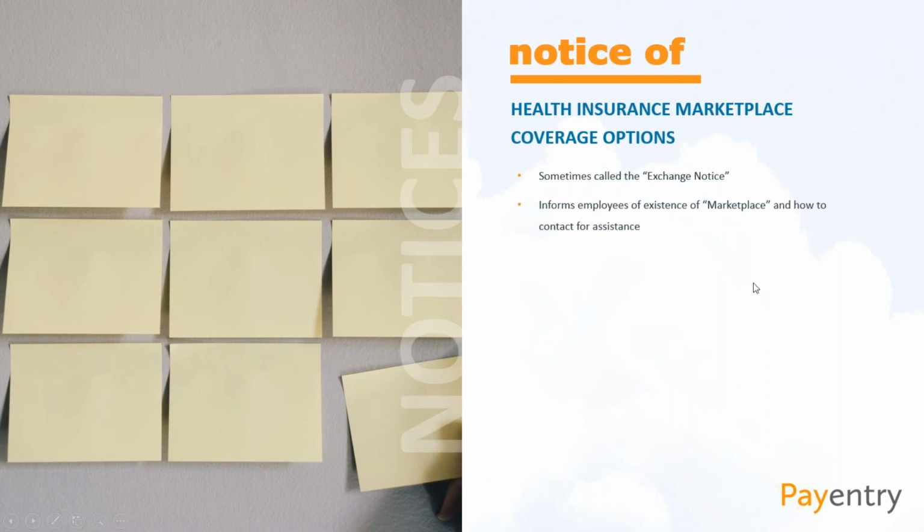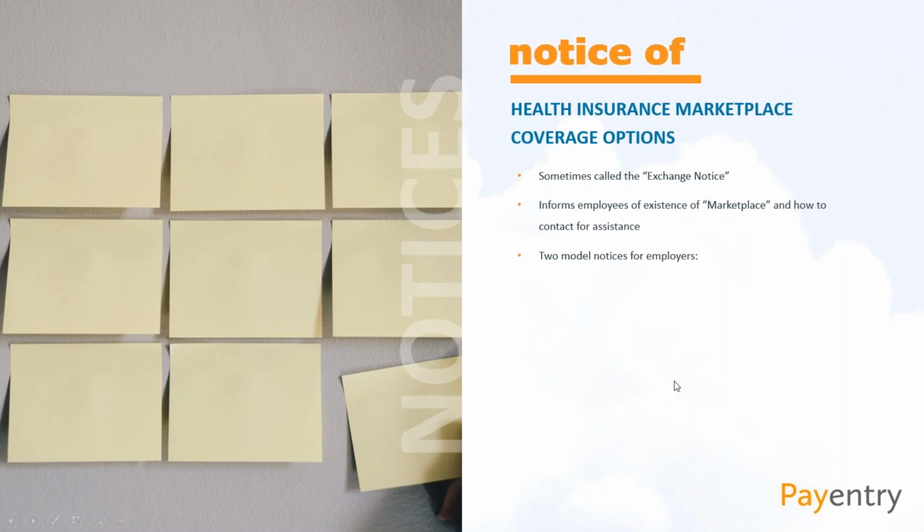The marketplace is what came about under the Affordable Care Act, where you can go online and purchase insurance on your own if you wanted to. This is also a place that people who are not employed go out and find their coverage.